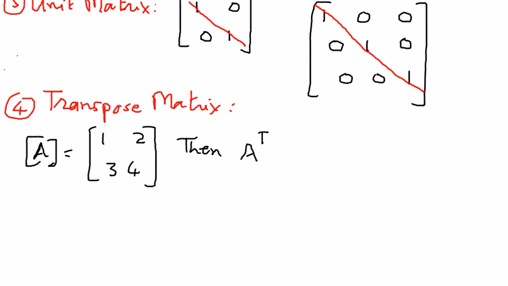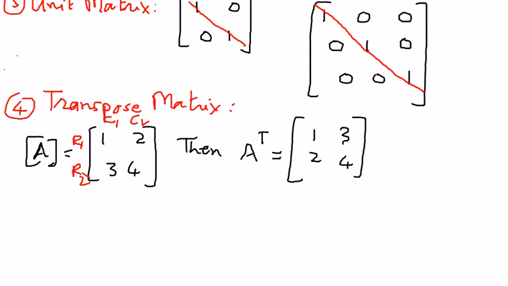This is read as A transpose is equal to, let me write here, these are the rows, row 1, row 2, column 1 and column 2. We take the rows and transform them into columns. 1, 2 is the first row, so I'm going to write it as the first column. Then in the second row I have 3, 4, so that comes out as 3, 4 like that.